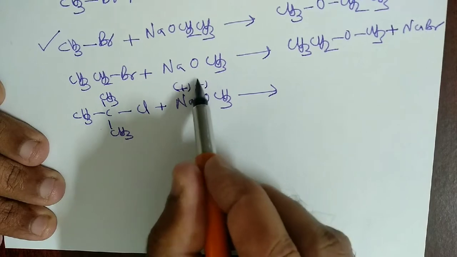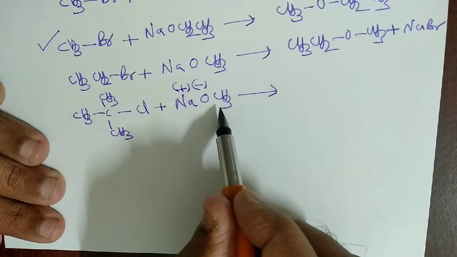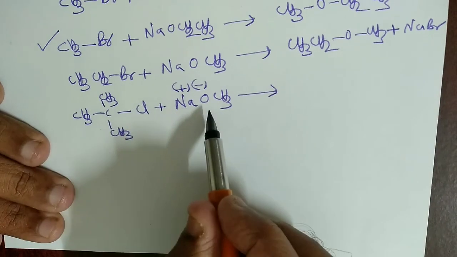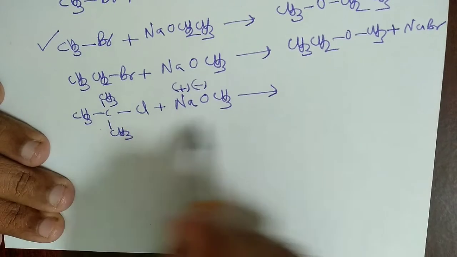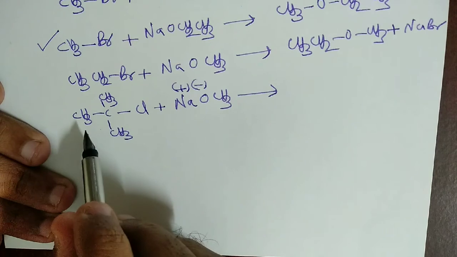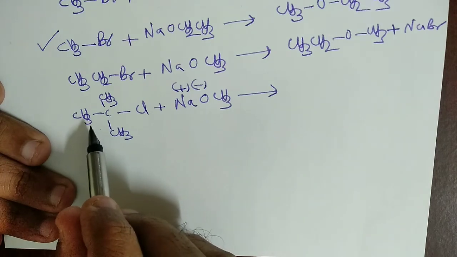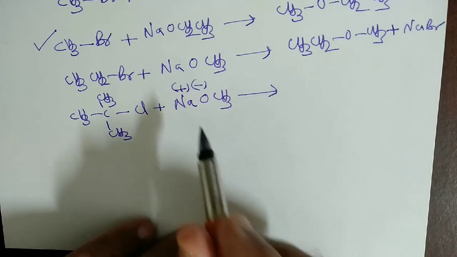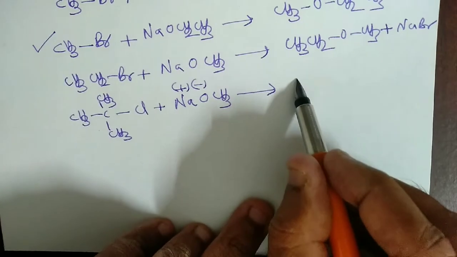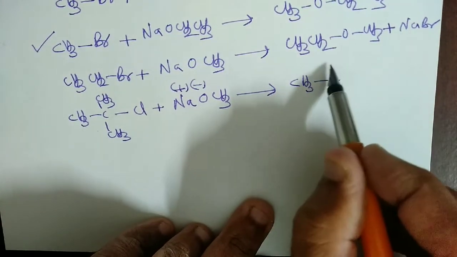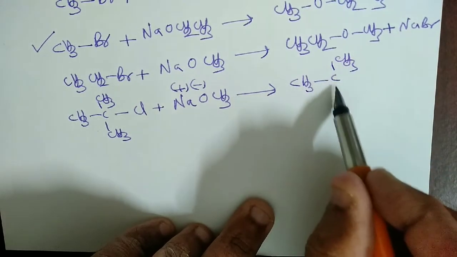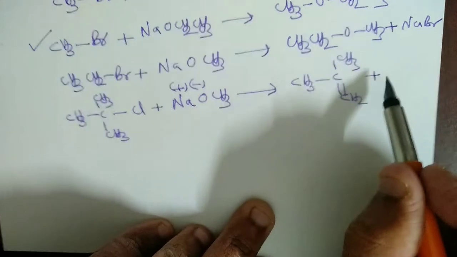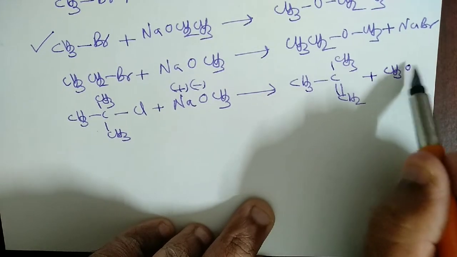Since sodium methoxide is a strong base, the carbocation is readily deprotonated to form alkene. In other words, the reaction between tertiary butyl chloride and sodium methoxide gives isobutylene and not tertiary butyl methyl ether.